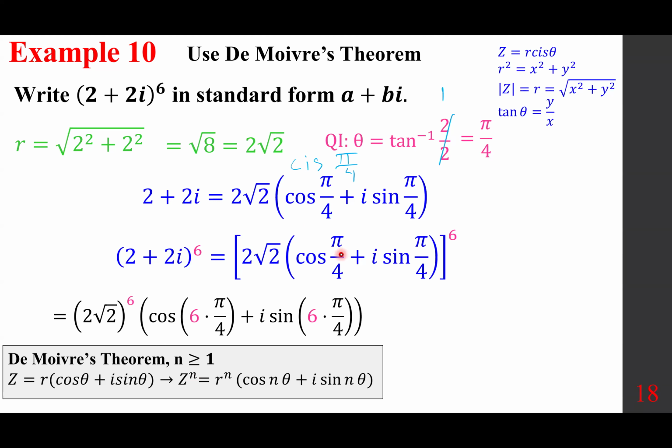So let's see what happens here first. This is 2 to the power of 6 times square root of 2 to the power of 6, which is 2 cubed. 2 to the power of 6 is 64. 2 cubed is 8. Their product is 512.